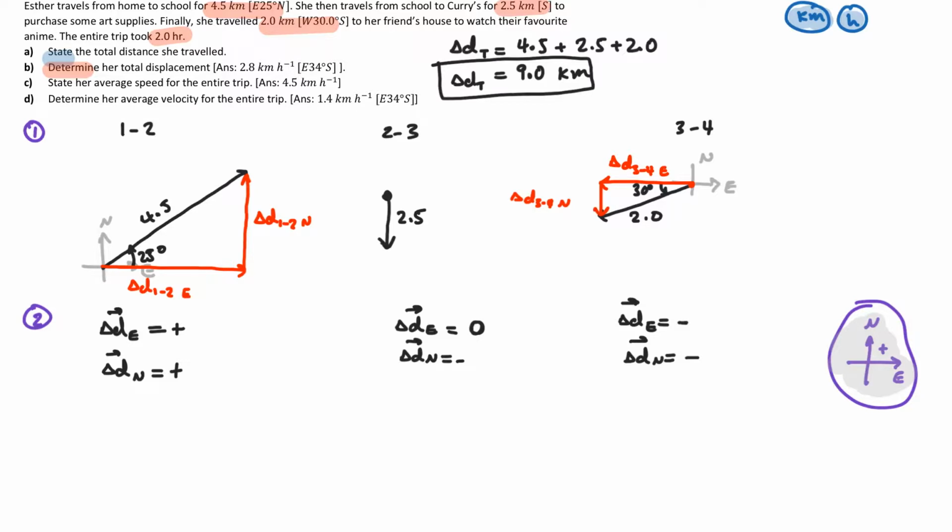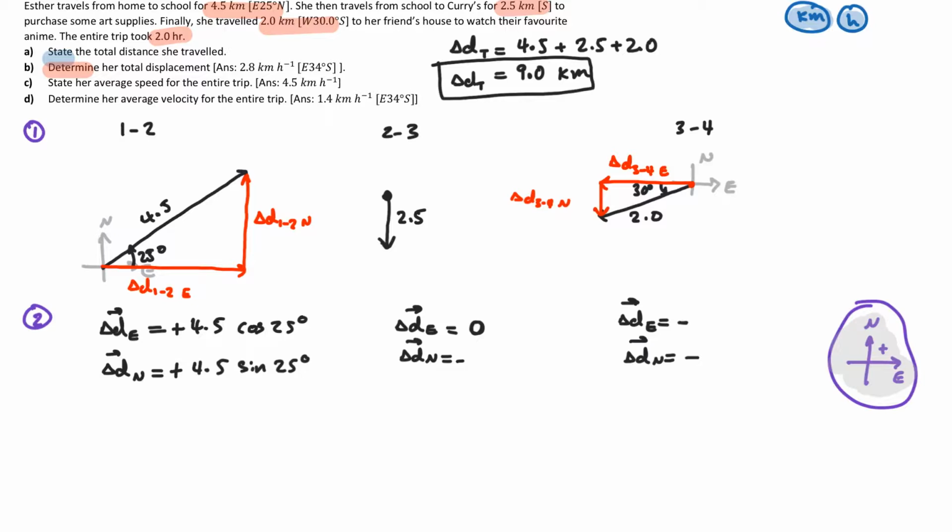Let's do the magnitudes next. For my first magnitude here in the east direction, it's adjacent to my angle, so I'm going to multiply the hypotenuse by cosine of 25, so 4.5 cosine 25. And for the north direction, I'm going to do sine because it is opposite. For the next one, it doesn't have any east or west component.